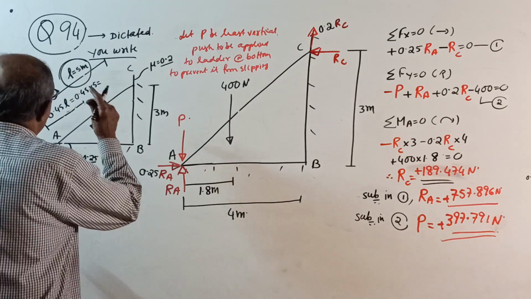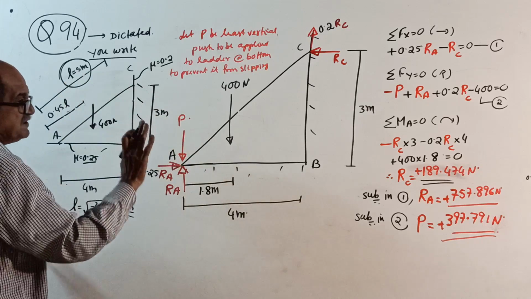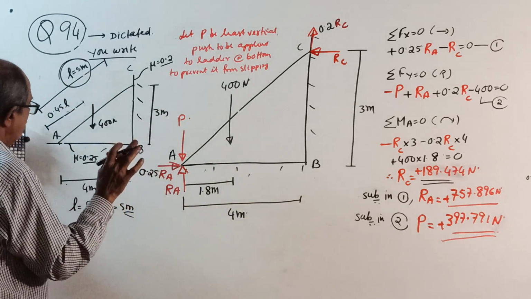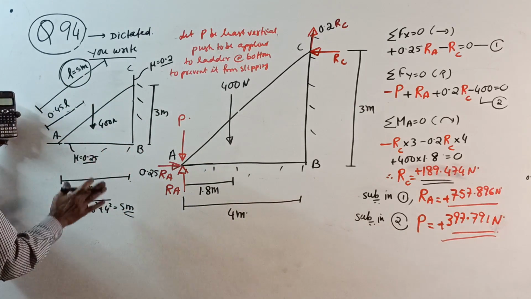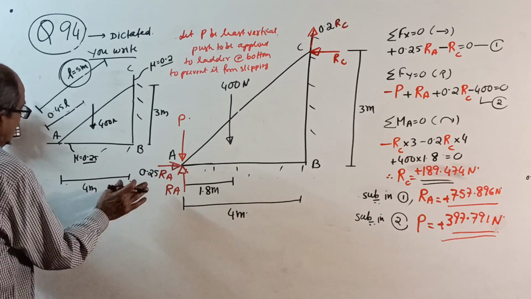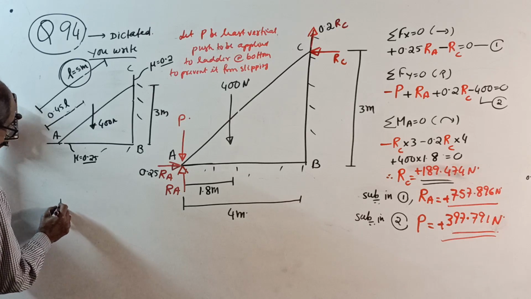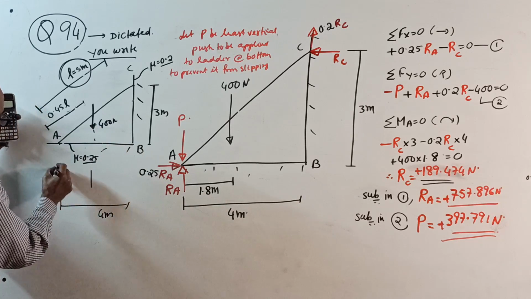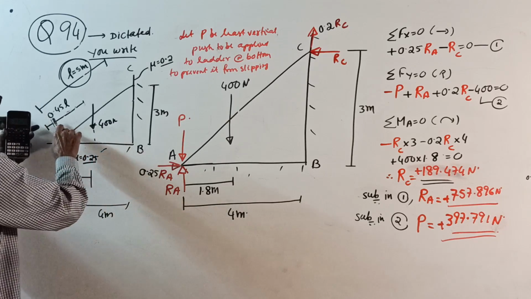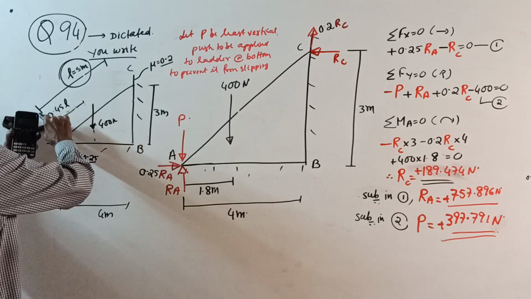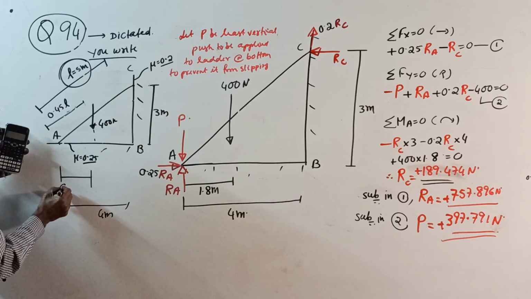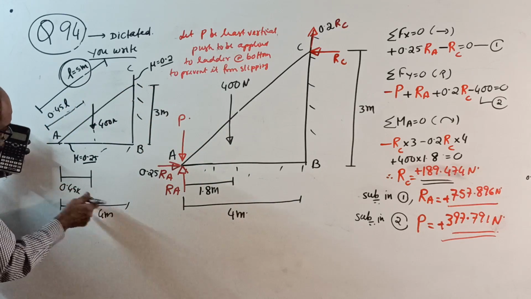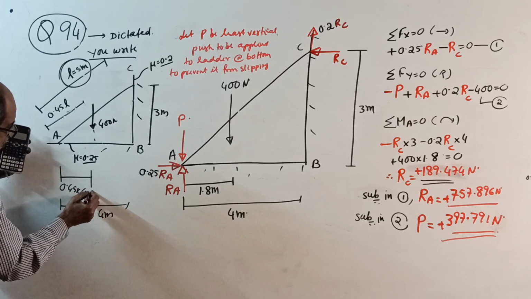Not required. You write 0.45 of L, sufficient. Now, see, this is 4 meter. When you project here, what is this length? This is 0.45 of this length 4, equal to 1.8 meter.